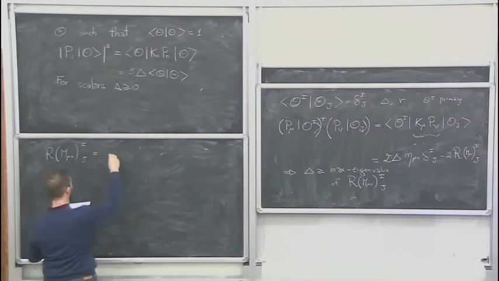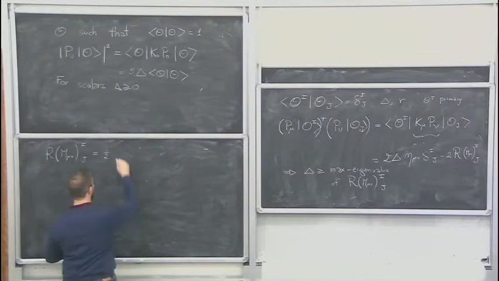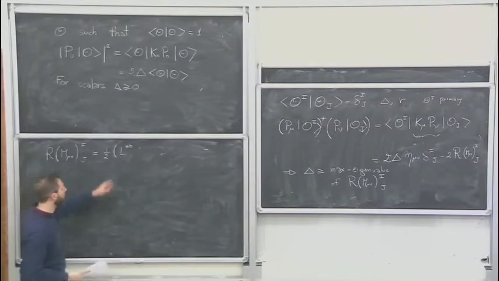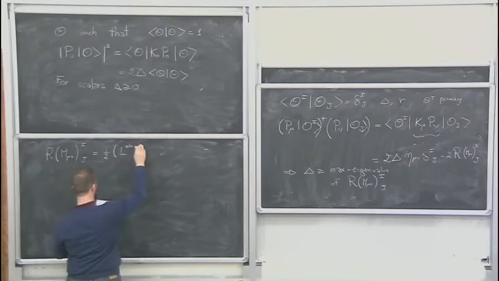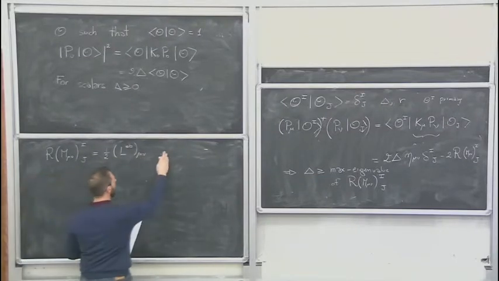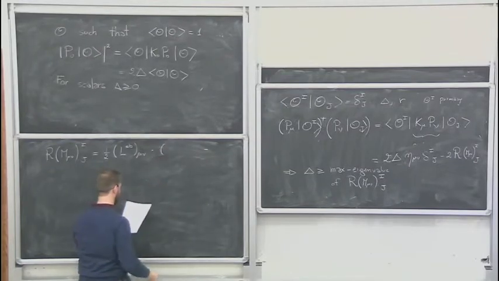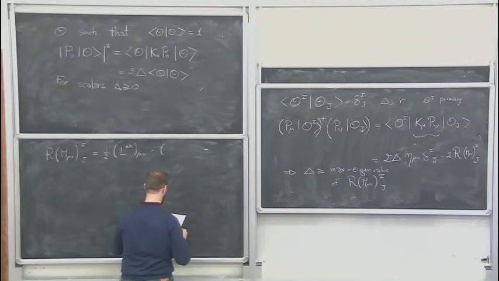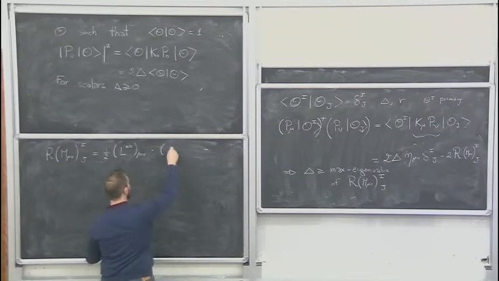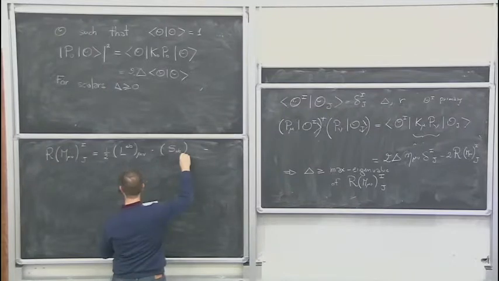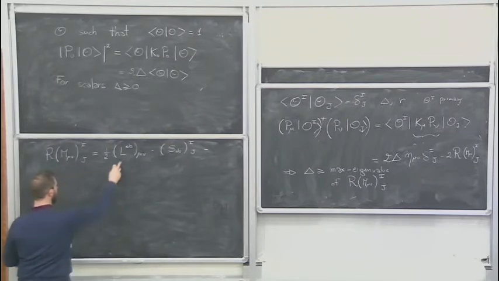This you can write as 1/2 L^{AB}, which are the generators in the fundamental representation, index mu nu, times some metric S^{AB}_{IJ}. So let me define this quantity here.